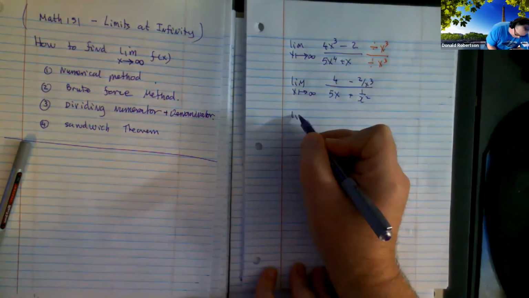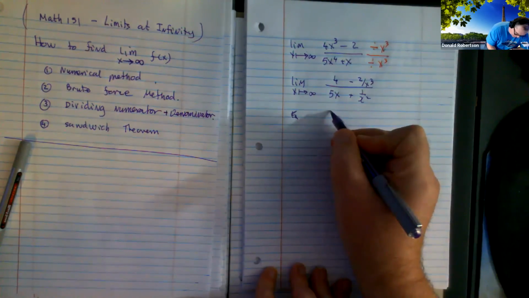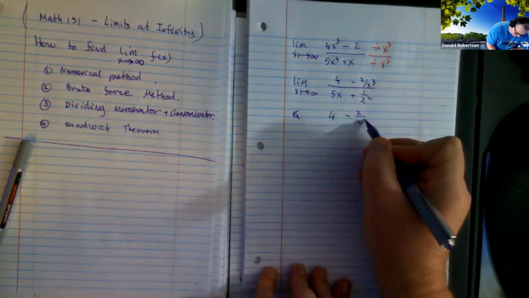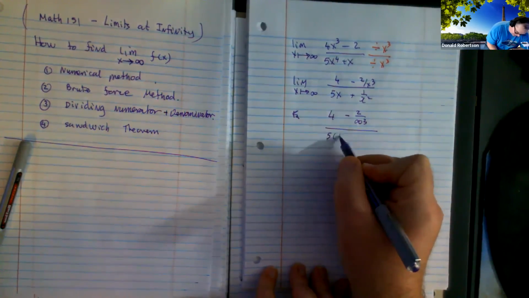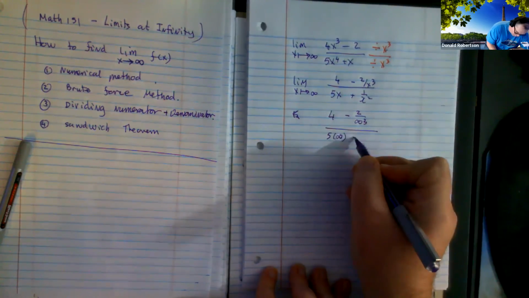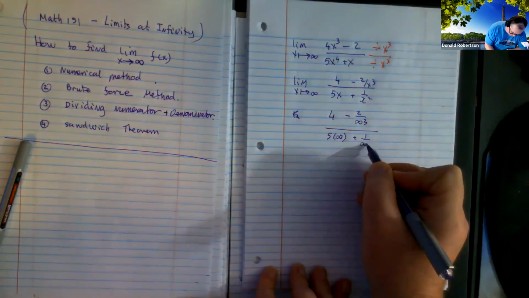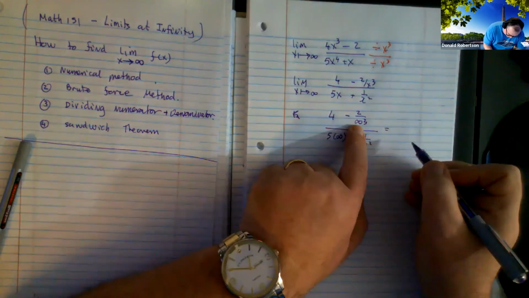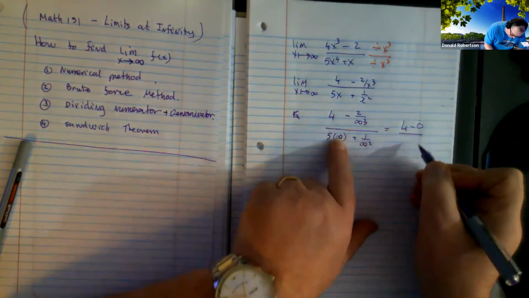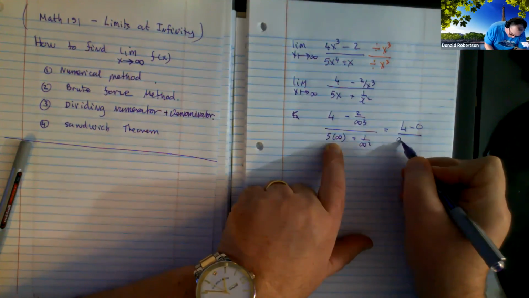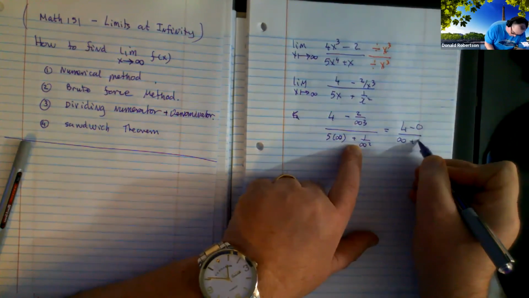And I should be able to do brute force now. 4, take away 2 over infinity cubed, over 5 times infinity, add 1 over infinity squared. 2 over infinity is 0, so that's just 4 take away 0. 5 lots of infinity are infinity plus 0.